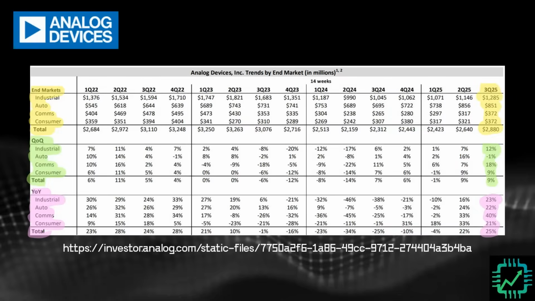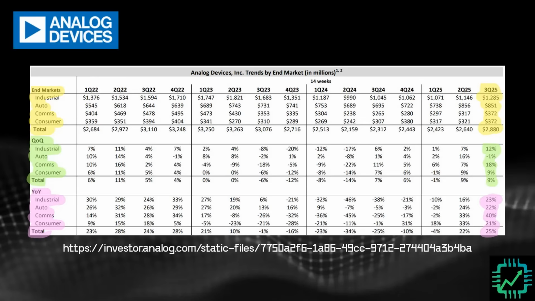Right now, that's the bulk of ADI's markets combined, auto and industrial, just over 2 billion out of the 2.9 total. Really healthy sequential growth, 12% for industrial. Auto was the sequential loser at almost 1%, quarter over quarter down. Communications, a lot of that is enterprise and cloud.